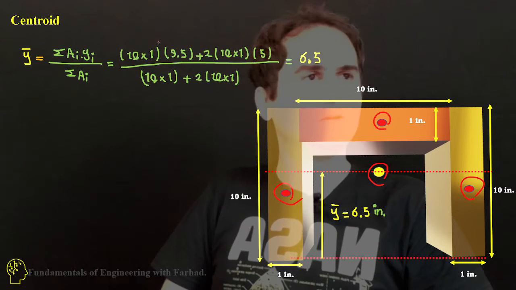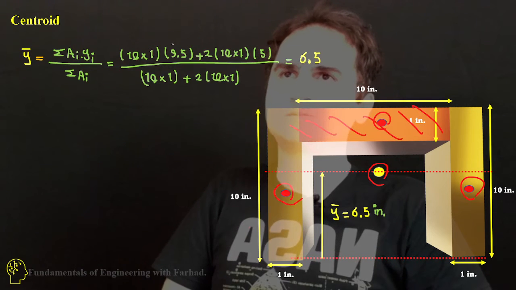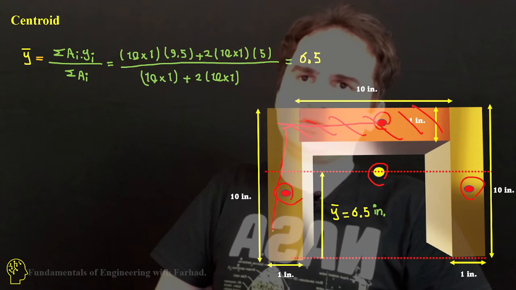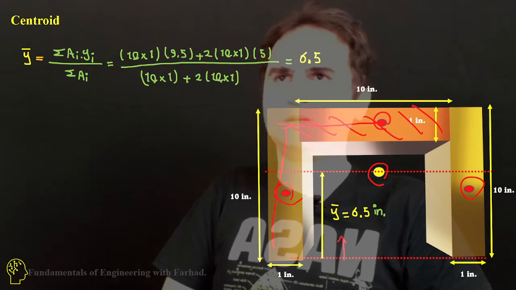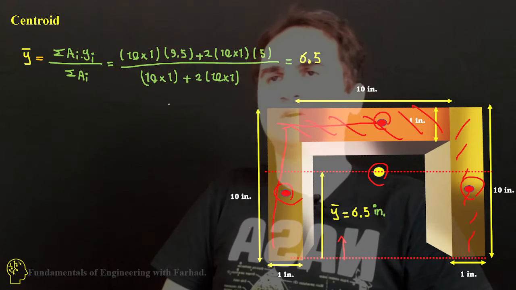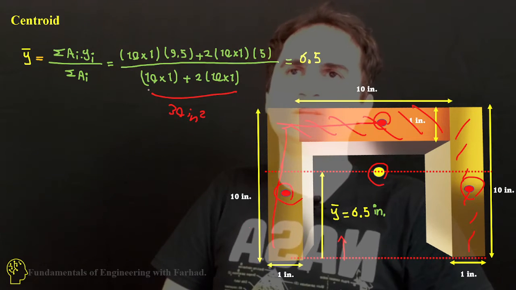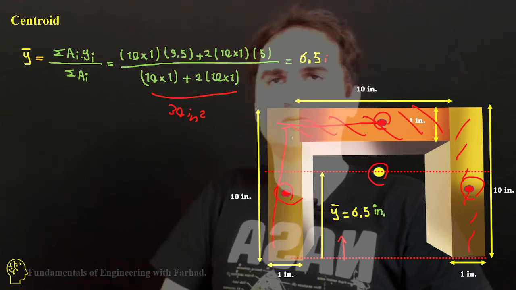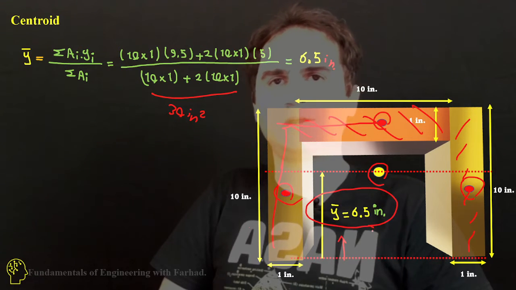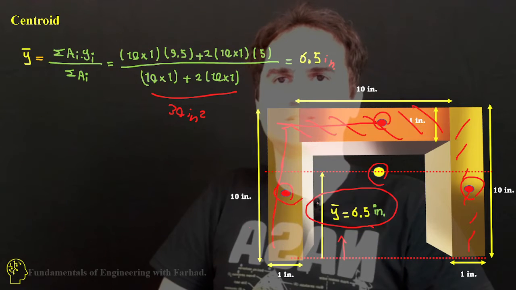That gives 10 times 1, which is here, times 9.5, which is the centroid of this part to the base, which we start from here, plus 2 of these guys, over the total area, which is 30 inches squared, and that gives us 6.5 inches for y bar, the centroid of the system.